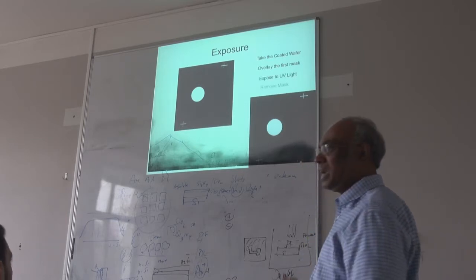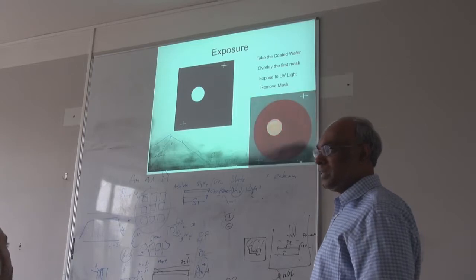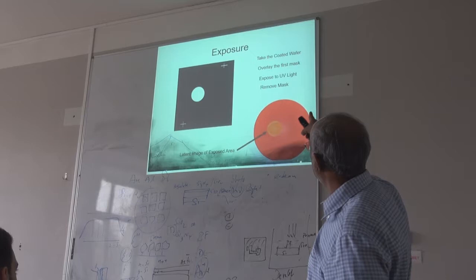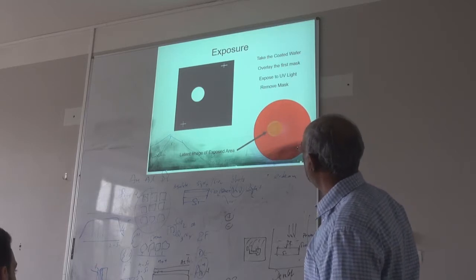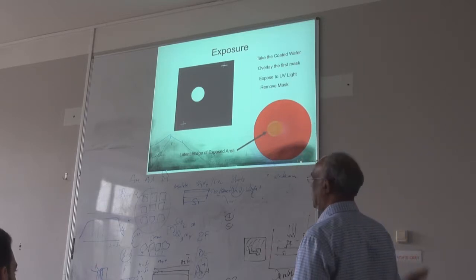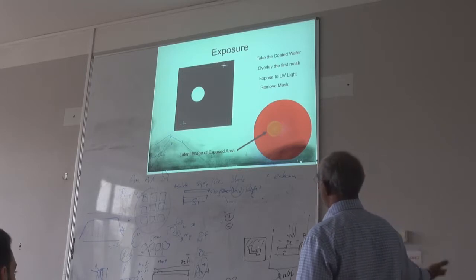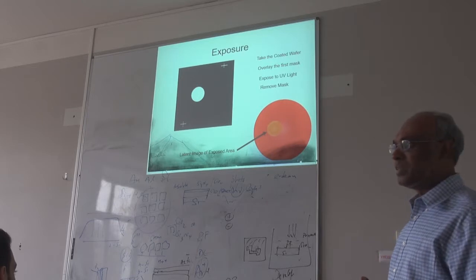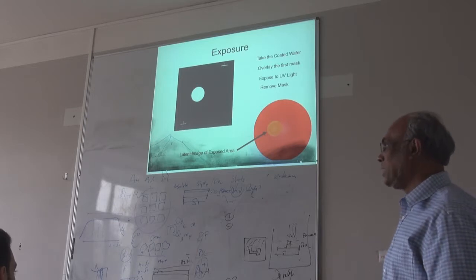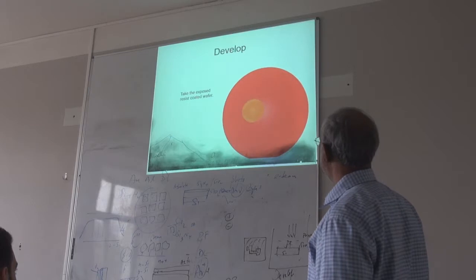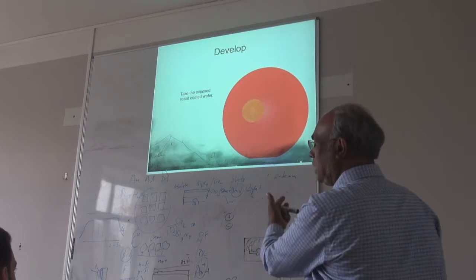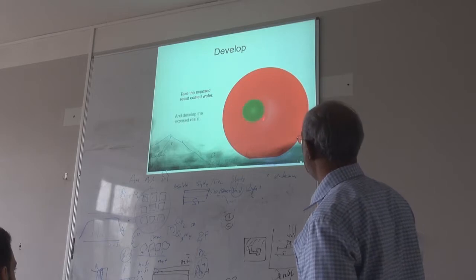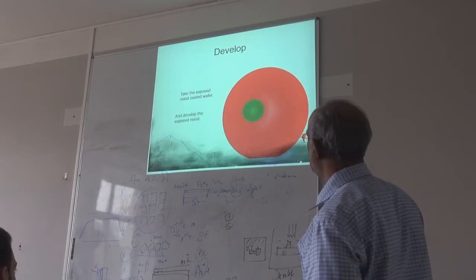Now I have to expose to light. If I'm exposed to UV light, then you remove the mask. After this I have to develop it, right? When I develop, since this is a positive photoresist, only this part is left.